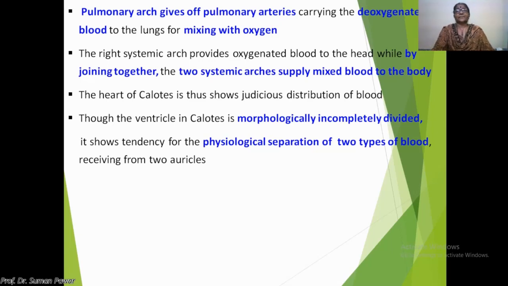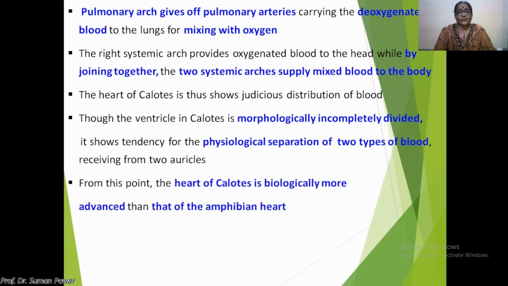That is, from the left auricle, the oxygenated blood enters the left chamber, the cavum dorsale, whereas from the right auricle, the deoxygenated blood enters the right chamber, which we call cavum pulmonale, from where it enters the pulmonary arch, and from the pulmonary arch it goes to the lungs for its aeration.